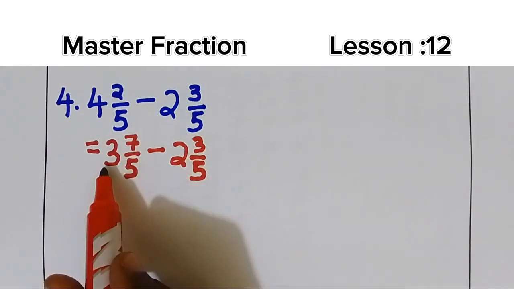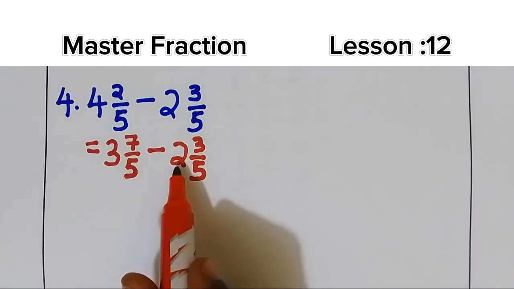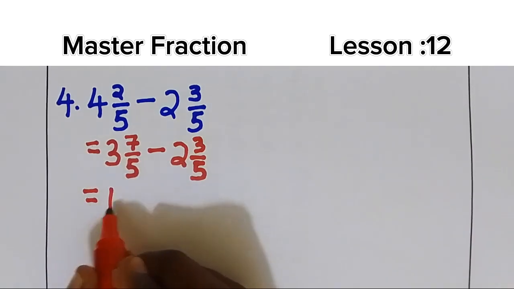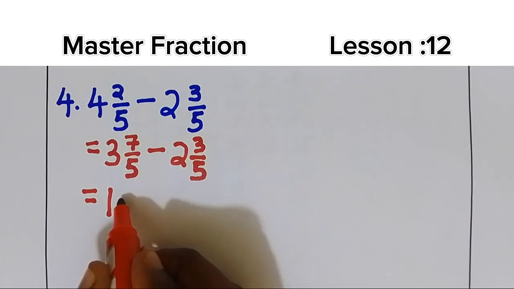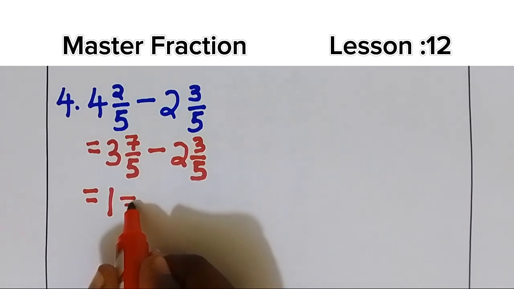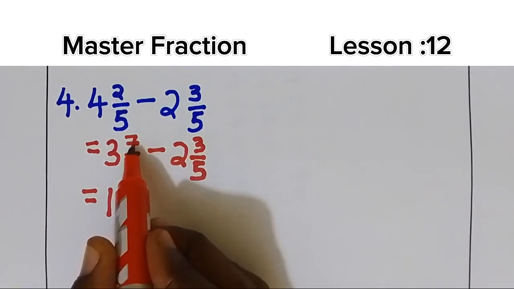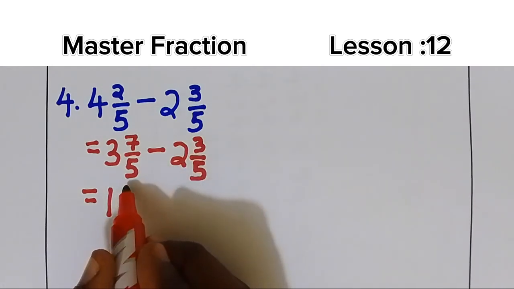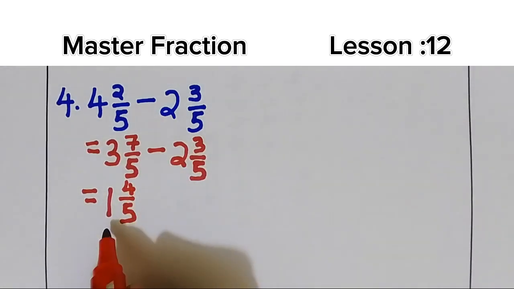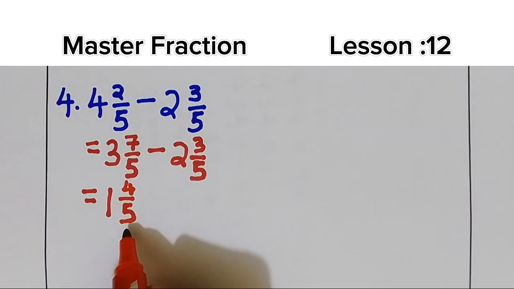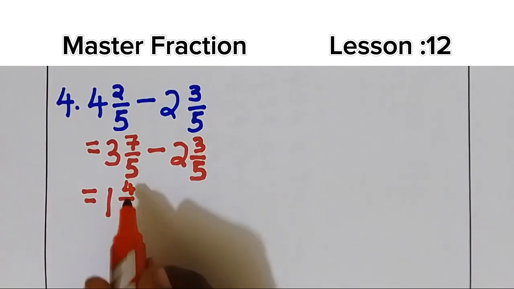Now we take away the whole number, take away whole number. That is 3, take away 2. We are going to remain with 1. The denominator is going to remain the same, 5. We'll take 7, take away 3. We're going to remain with 4. So we can't simplify further this answer. Our answer will remain as 1, 4 over 5.